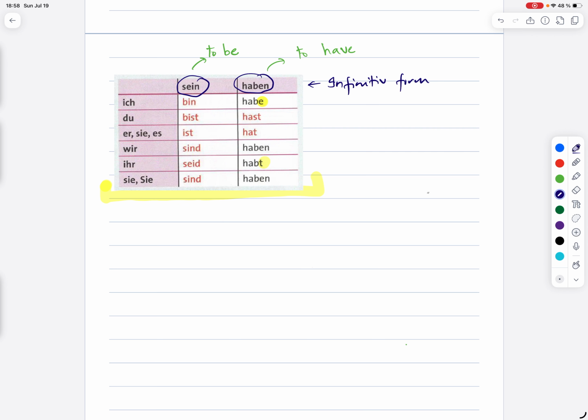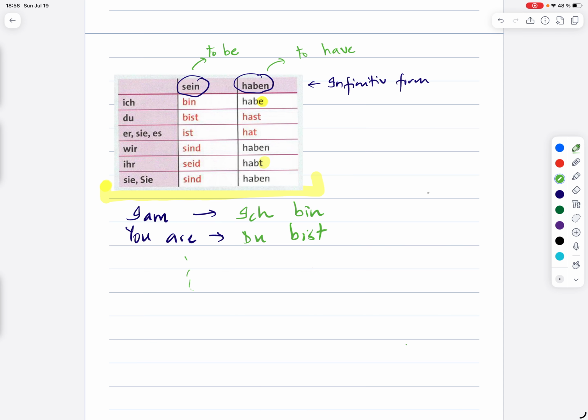Then you can see how they are translated. So for example, if I am saying I am, it will be ich bin, right? And then you say you are, then it will be, in German, what do you think it will be? Du bist, right?